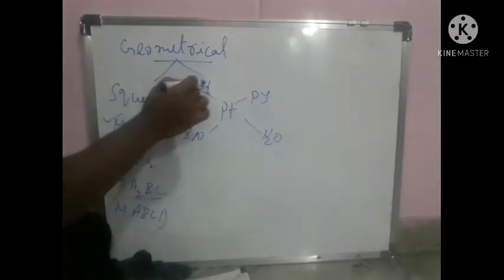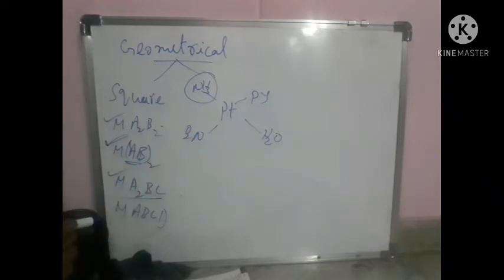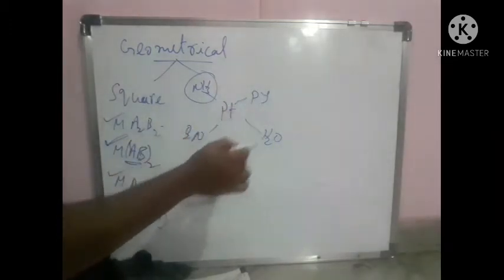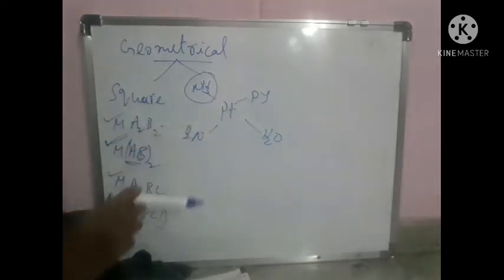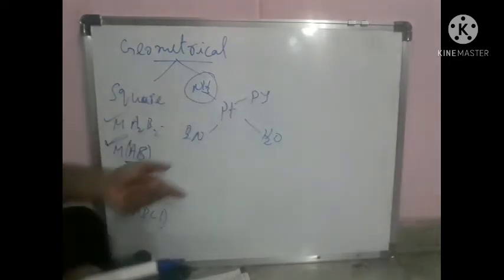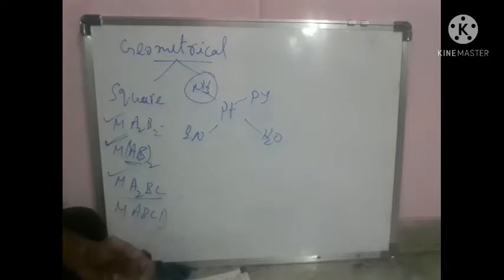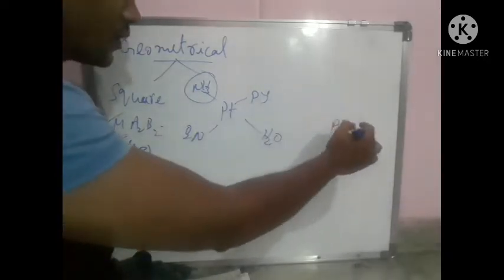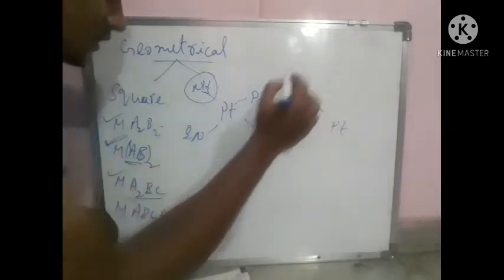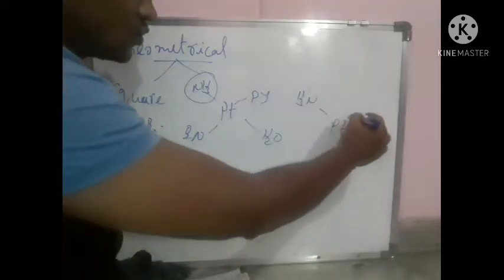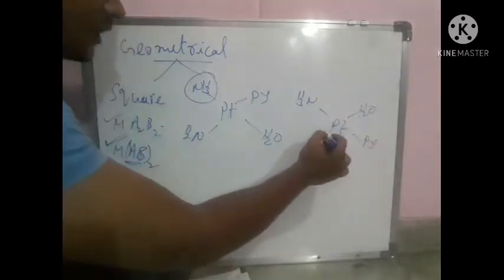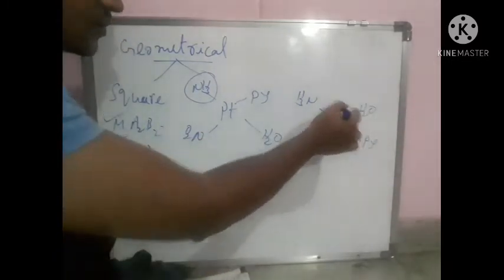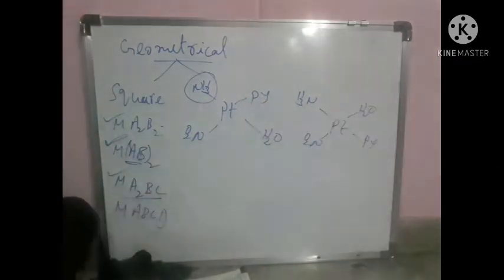If one type of ligand is fixed in position, the 3 different types of ligands can be rotated among the other positions, so that it forms 3 types of isomers. So Pt, NH3, H2O and py and NO2. Here pyridine and H2O are exchanged.